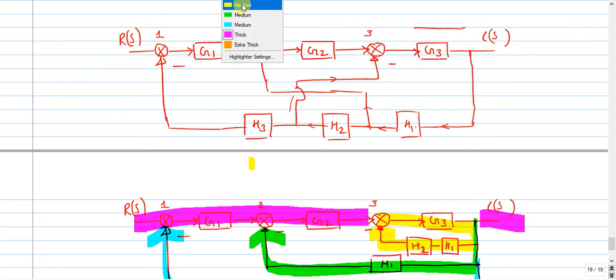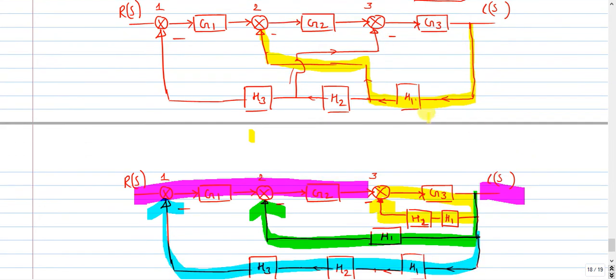When I start with the path, let me take a highlighter. I will show the first path. When I follow this path, this is a loop.